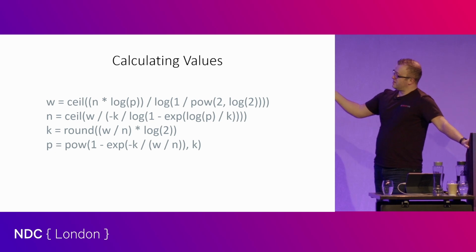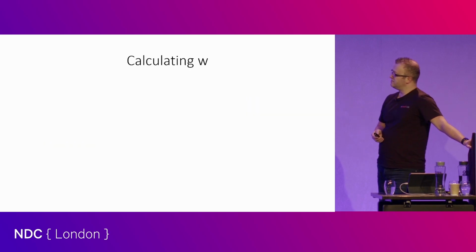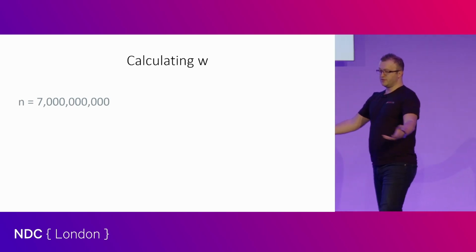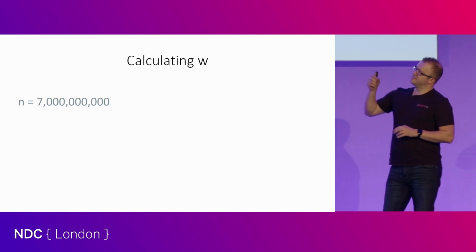So for us, we went for the width, and I wanted to control the probability of false positive because I wanted to keep that low. So those are the two items that I wanted to exert control over, and then the other two were defined for me. So to calculate the width, I was like, OK, I'm going to assume over time we're going to insert 7 billion items into this filter. Now, remember, this is 7 billion distinct items.